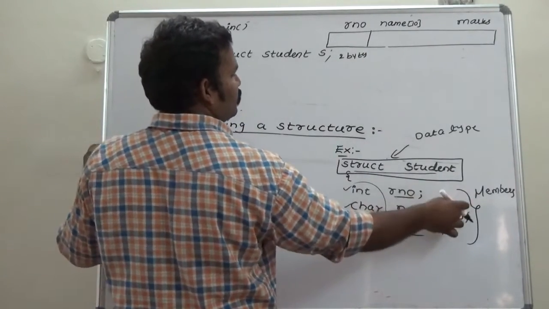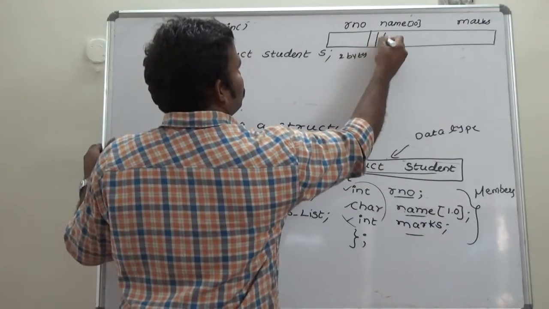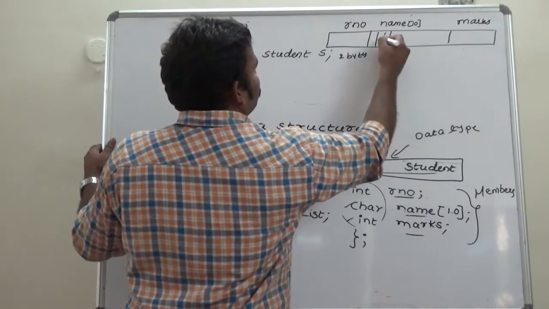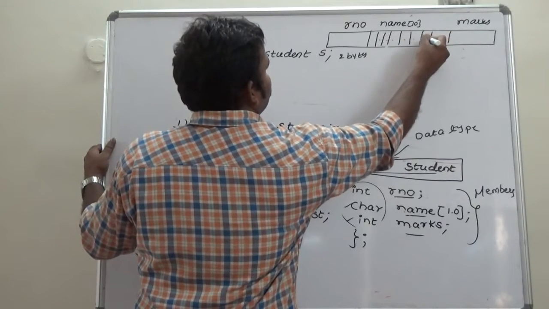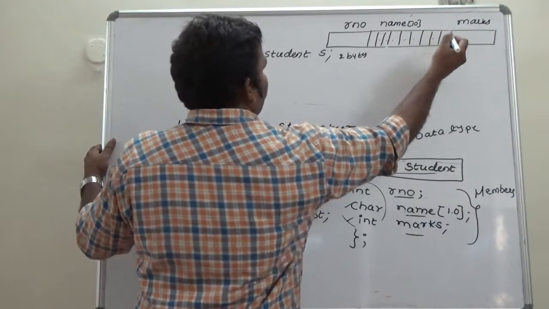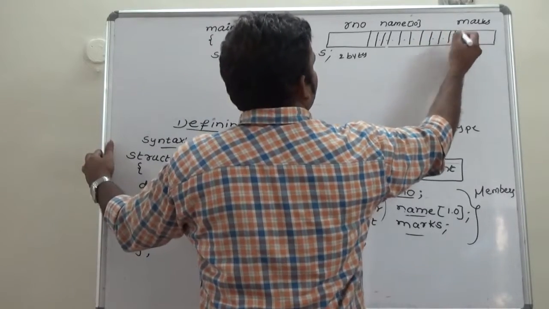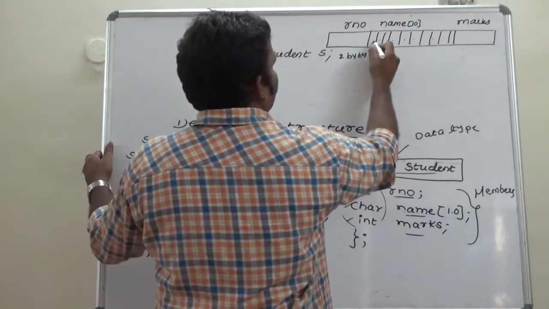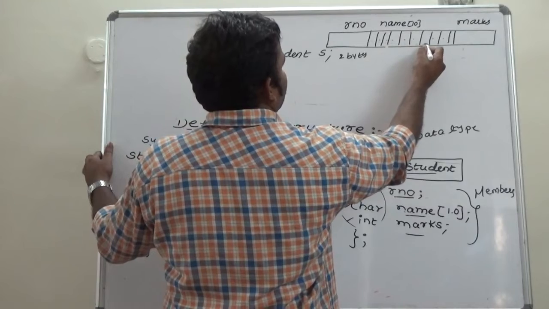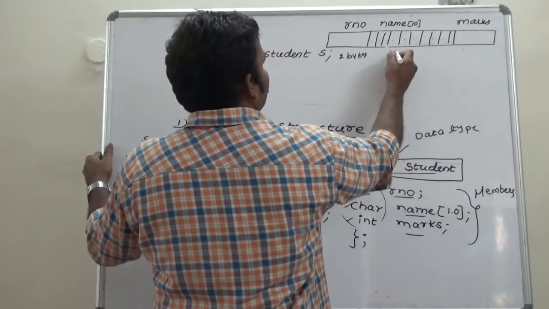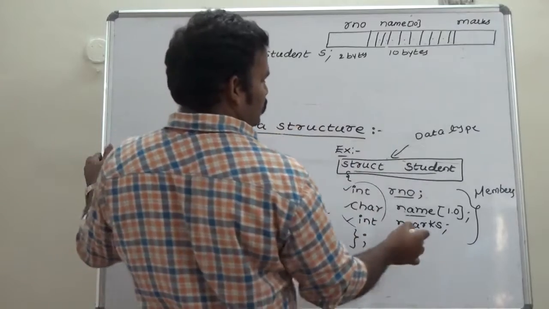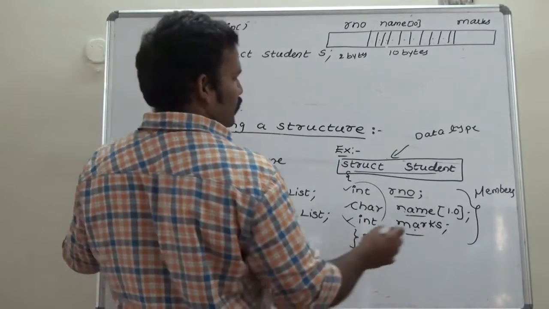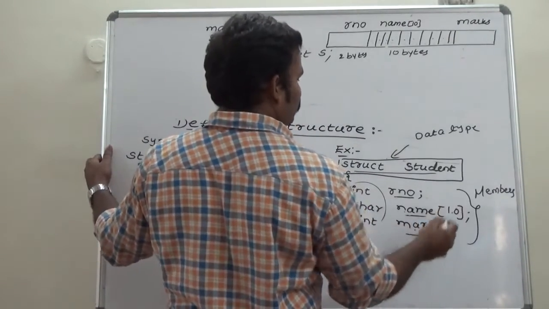Next, name of size 10, which means 10 characters, so 10 bytes.